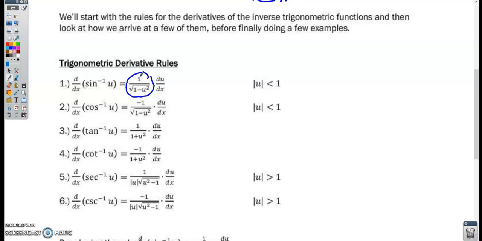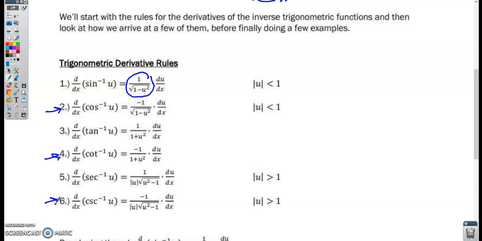And again, for the derivative of the arc secant and the derivative of the arc cosecant, same exact formula, except they differ by a negative sign. Okay, and you'll notice that as we go down here, all the ones with the negatives in them are the cofunctions, whereas the primary functions, the non-cofunctions, don't have that negative sign in them.